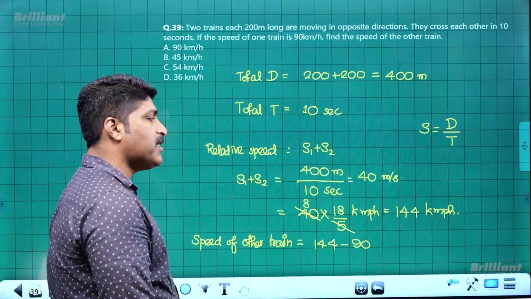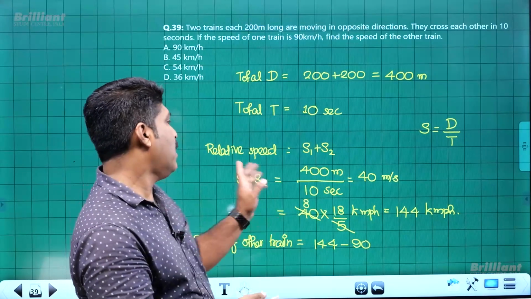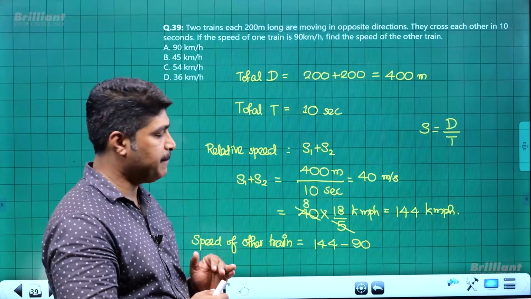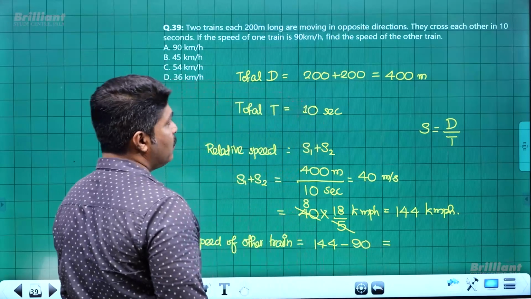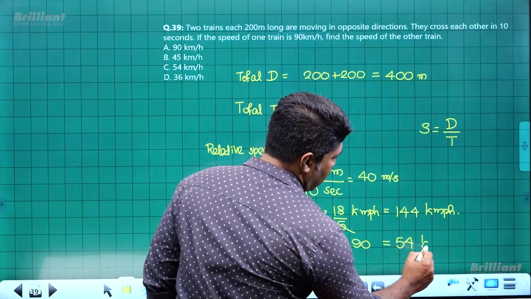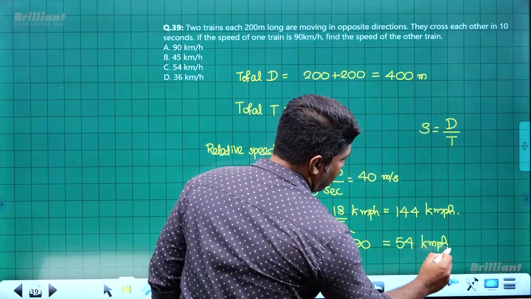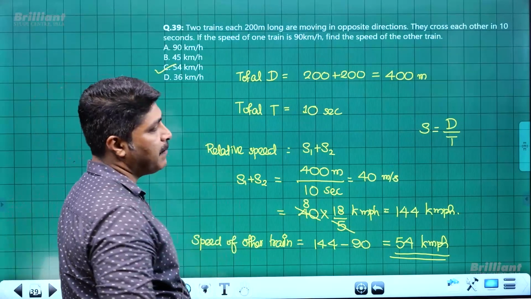For this subtraction, we convert it in the form of kilometer per hour. Otherwise, we would have it directly as meters per second. So 144 minus 90 is equal to 54. So 54 kilometer per hour is the answer.